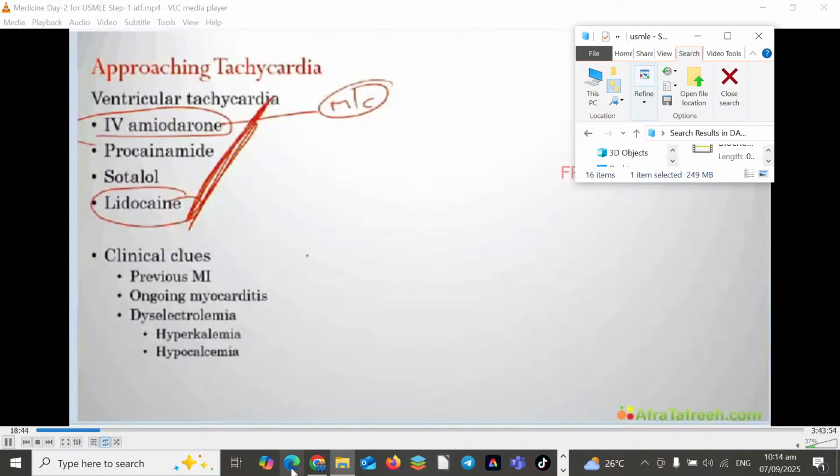The clinical clues, the conditions which can result in ventricular tachycardia, are previous myocardial infarction, ongoing myocarditis, and dyselectrolemias like hyperkalemia and hypocalcemia. Any condition which decreases the stability of the heart will result in ventricular tachycardias.